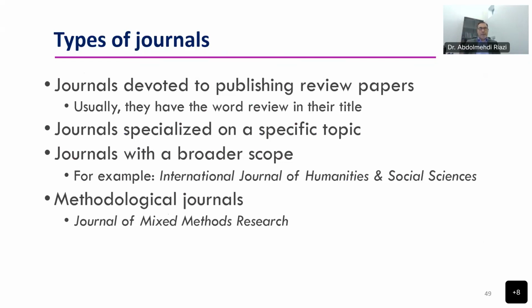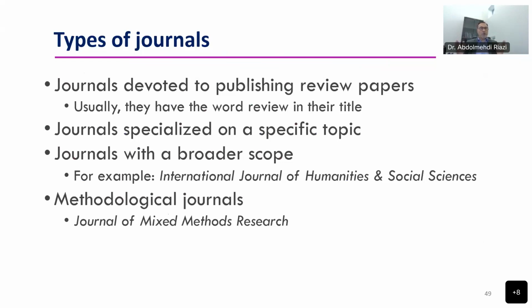However, it is actually possible to send review papers to other journals as well. Although the other journals are not exclusively publishing review papers, usually in the scope of their journal and in the aims and guidelines, they identify that they also accept review papers.